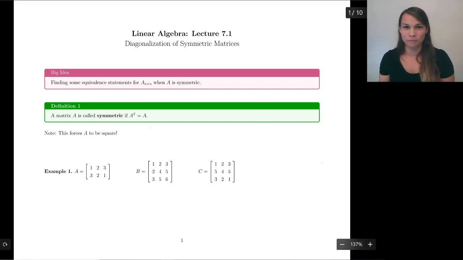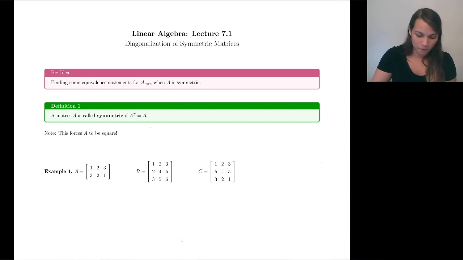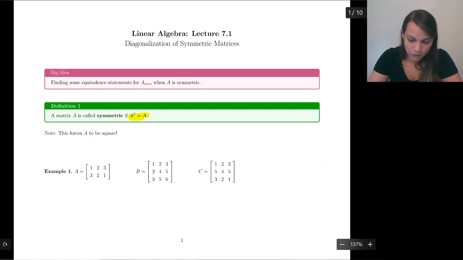So let's jump in. First off, what does it even mean for a matrix to be symmetric? A matrix is symmetric if you can write it as being equal to its transpose. Notice that this is going to force it to be square.